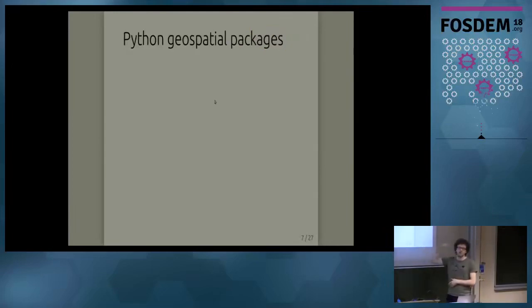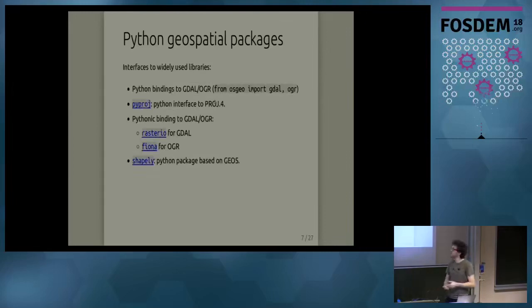There are a lot of Python packages, which have already been mentioned in previous talks as well, that build upon those base libraries. So you have, for example, PyProj, Rasterio, and Fiona and Shapely have already been mentioned. Fiona for the vector features of GDAL, Shapely wrapping the GEOS library.